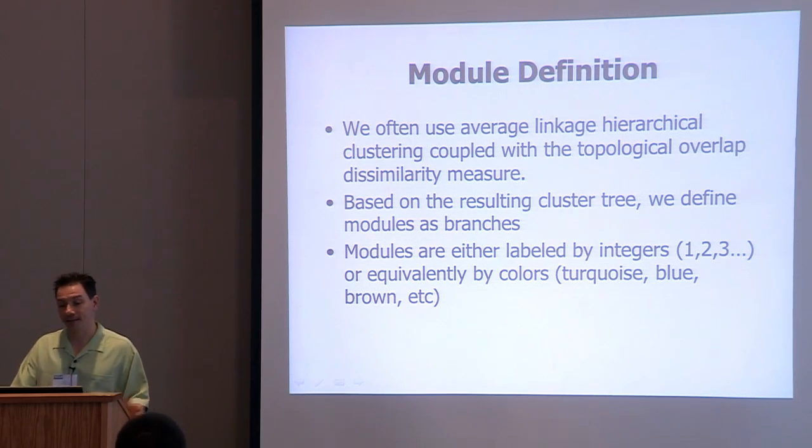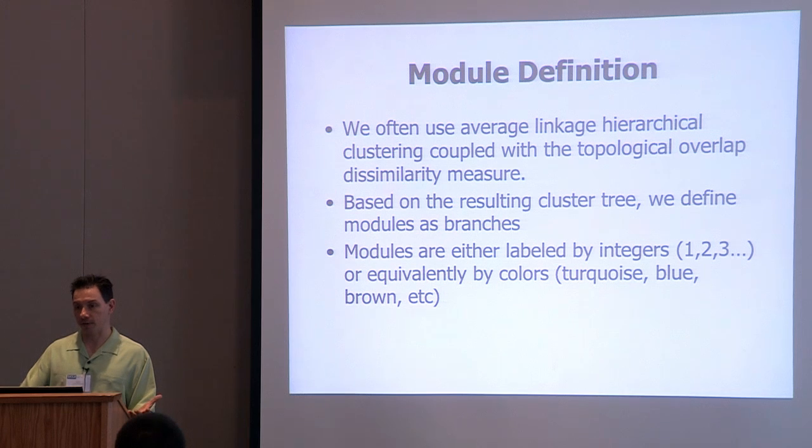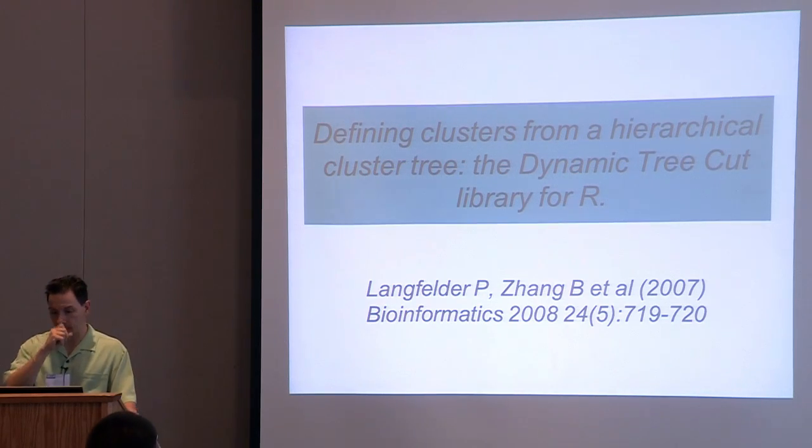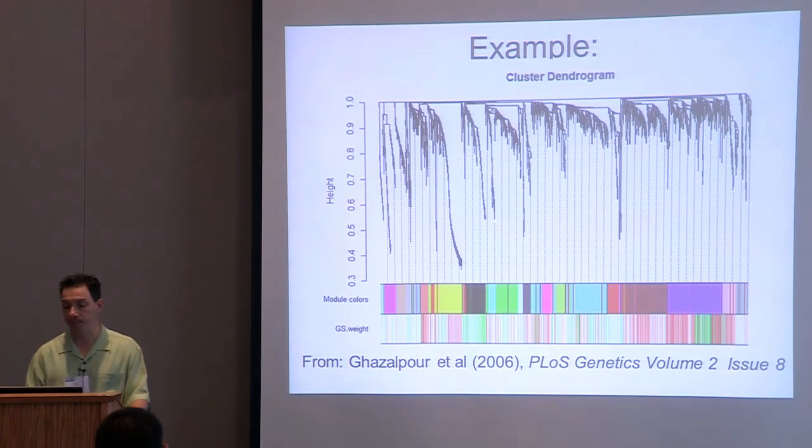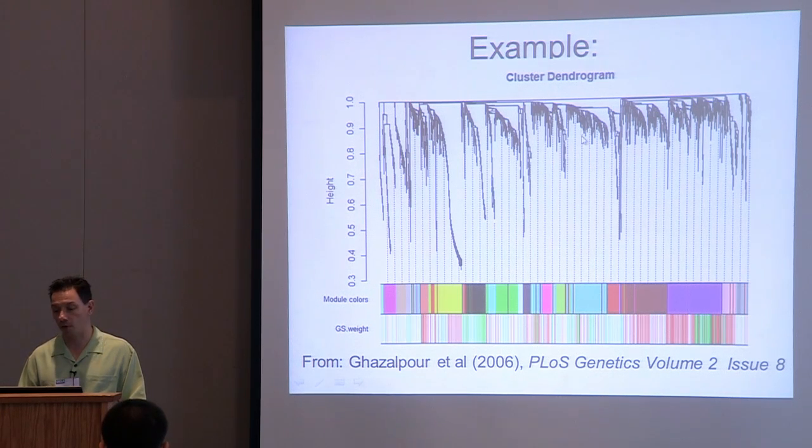So as I mentioned initially, we know nothing about modules except these are branches. And earlier today, you heard a lecture on how one can cut branches from a hierarchical cluster tree. So this is a hierarchical cluster tree from an R software tutorial that I will present to you tomorrow.